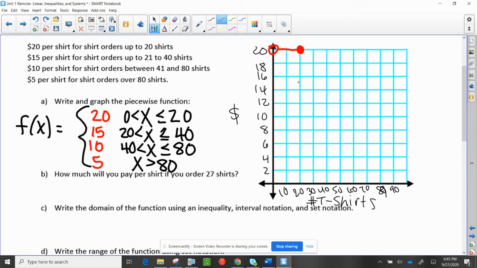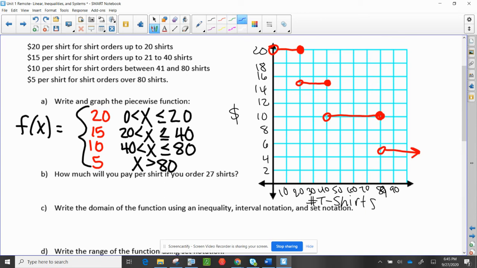So 15 would be about here. So $15 from 20 to 40. It's $10 if we go from 40 to 80 shirts. And then it's $5 if we have more than 80. So there's all of our steps.